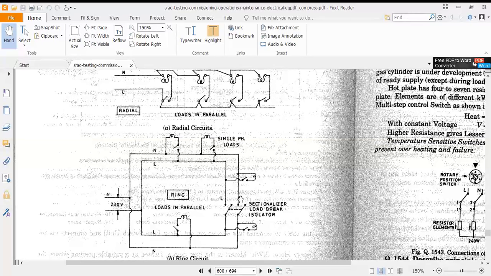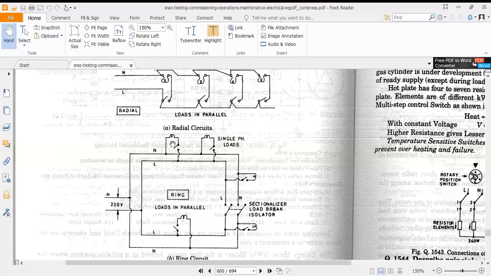And also we can insert certain sectionalizers or load breaks. The advantage of this is, see, there is a phase and neutral here. What will happen? This circuit is completed.